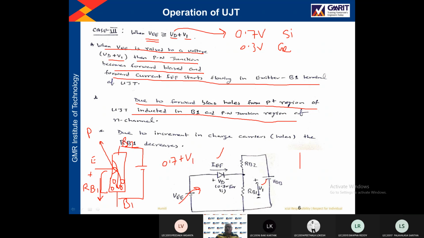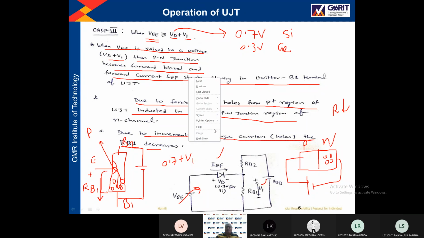See, suppose this is P and this is N, and you make it forward biased. Then holes from the P side will move to the N side. If more holes are injected into the N side, and holes are charge carriers, the conductivity of the N material is increased. If conductivity is increased, this means resistance is decreased. So due to the increase in charge carriers, holes, RB1 will decrease.